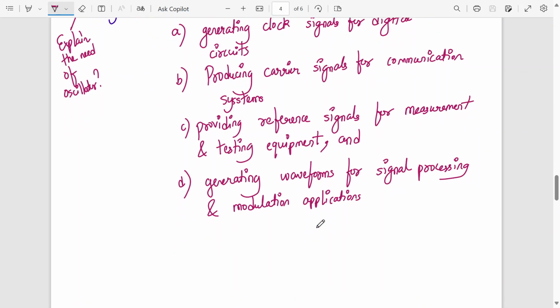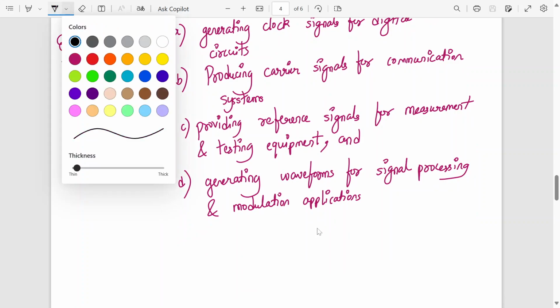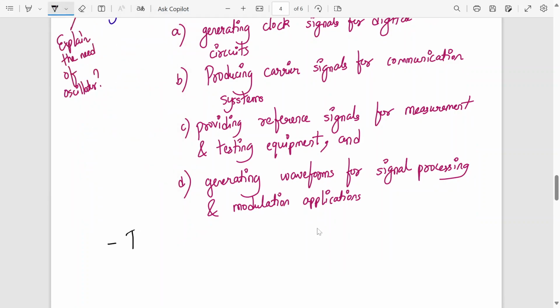Okay, last point is they are essential for maintaining. They matlab, what is the meaning of they?